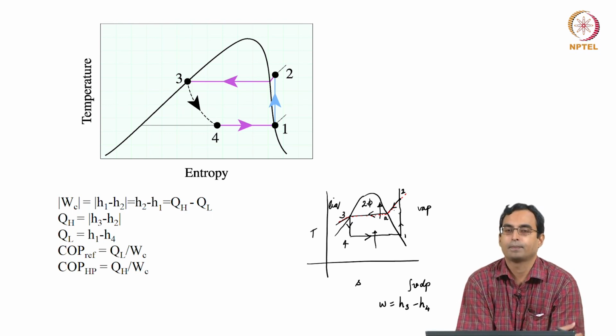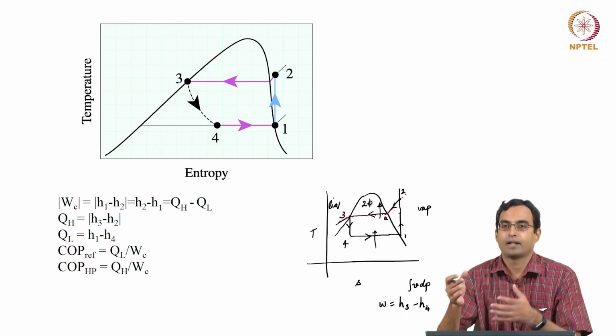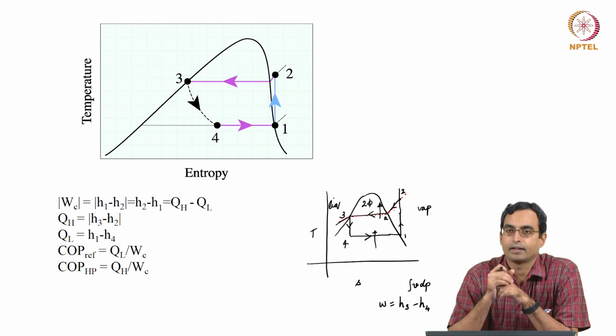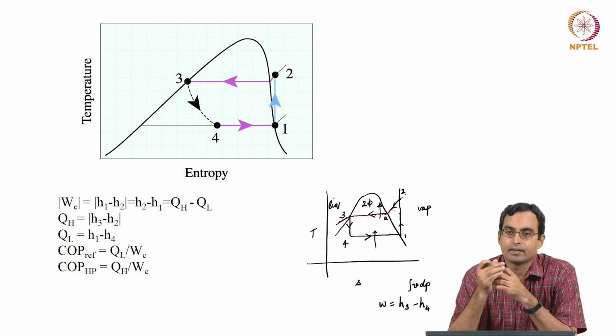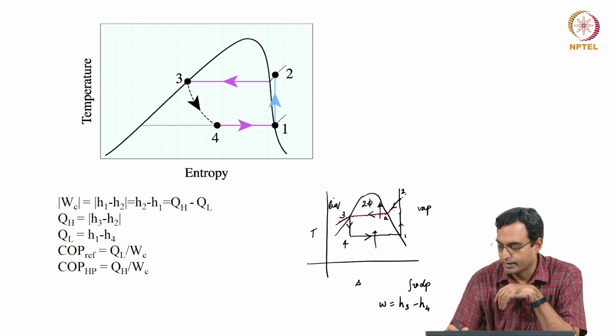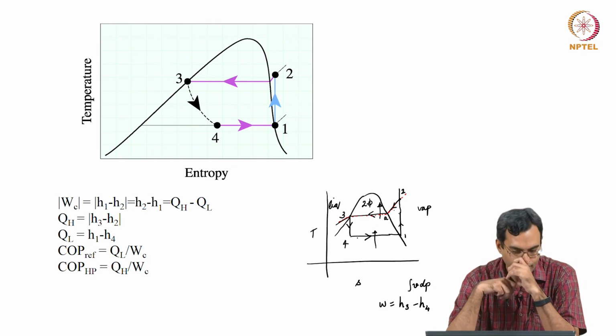A turbine is an expensive device. We want to, for example, manufacture a fridge and sell it. So, let us say a fridge costs something like 10,000 rupees, or say 15,000 rupees. If we make a turbine, it would be very expensive. So, it would increase the price of the fridge by a large amount, and we will not get much work because specific volume is small, and the turbine would possibly get damaged because it is dealing with two-phase mixtures.